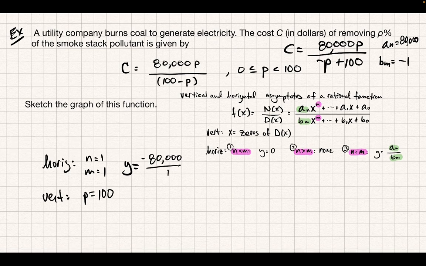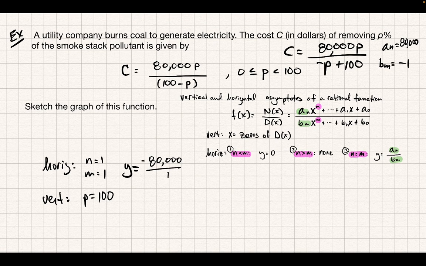You said that. No, no, no. Carla, how do I find my vertical asymptotes? You just set the denominator equal to 0. 100 minus P equals 0.